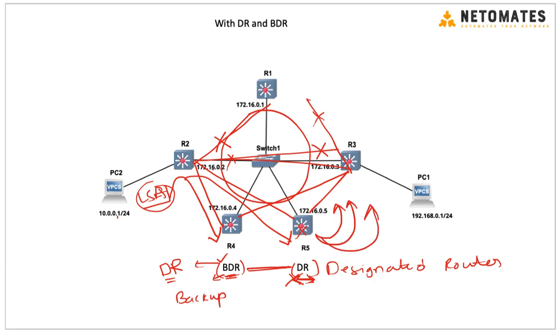In this way, all non-DR, non-BDR routers will only send these LSA updates to the BDR and DR, and the responsibility of the DR is to send the update to all other routers in the network. This way we reduce the routing updates in this topology.